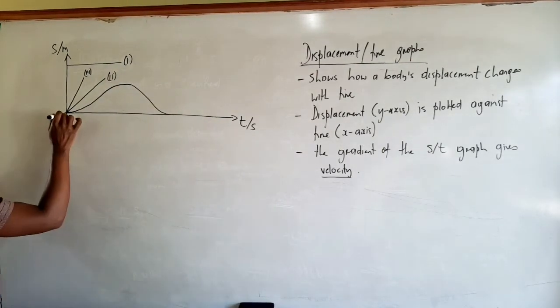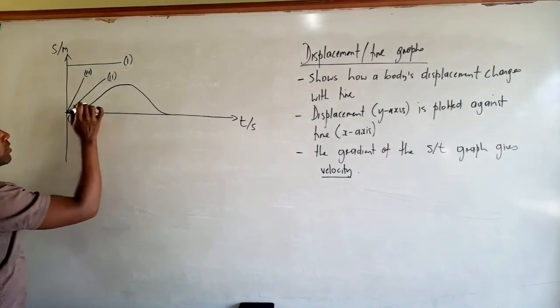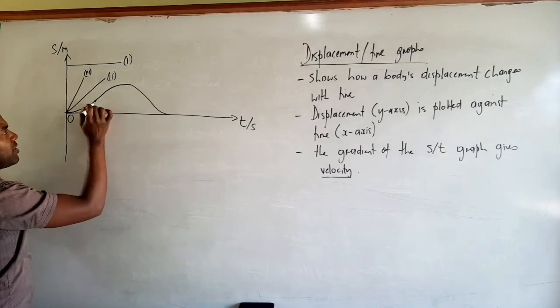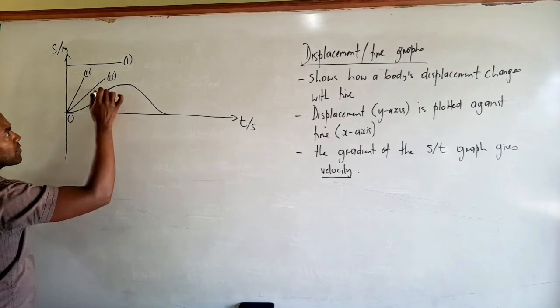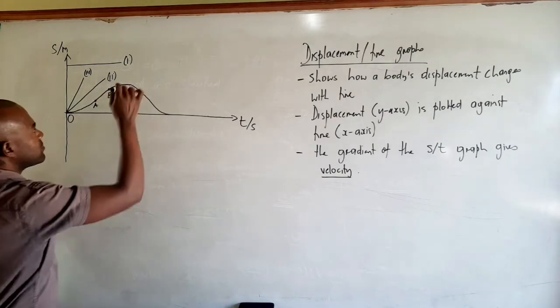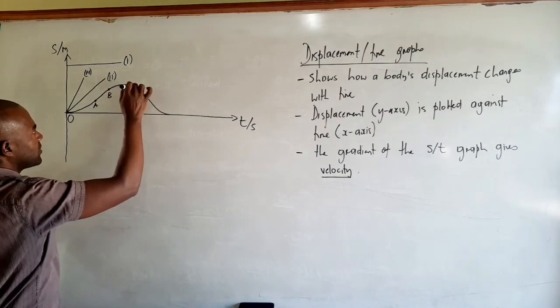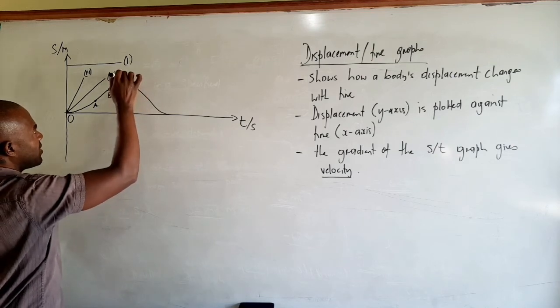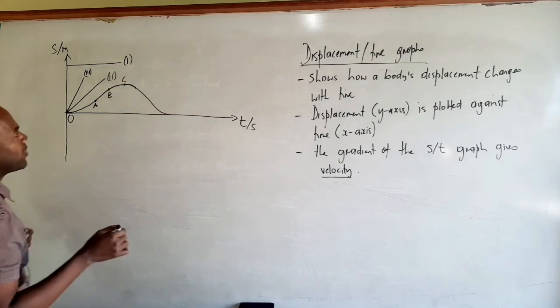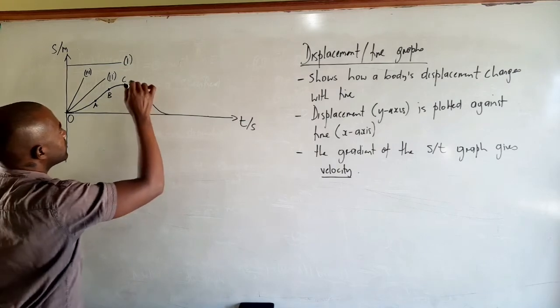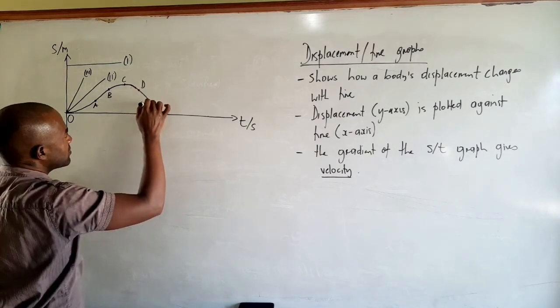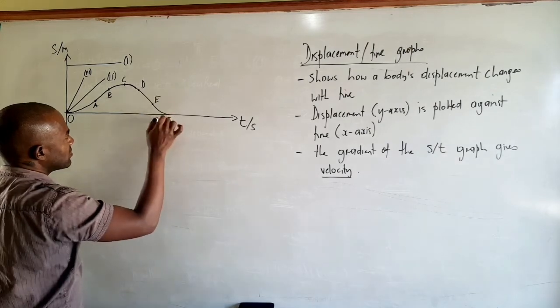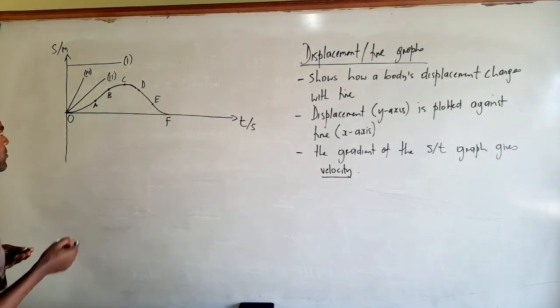So let's call this point O. Let's call this point A, B, and at the top where it is flat, that point is C, right? Let's call this D, E, and F, right?